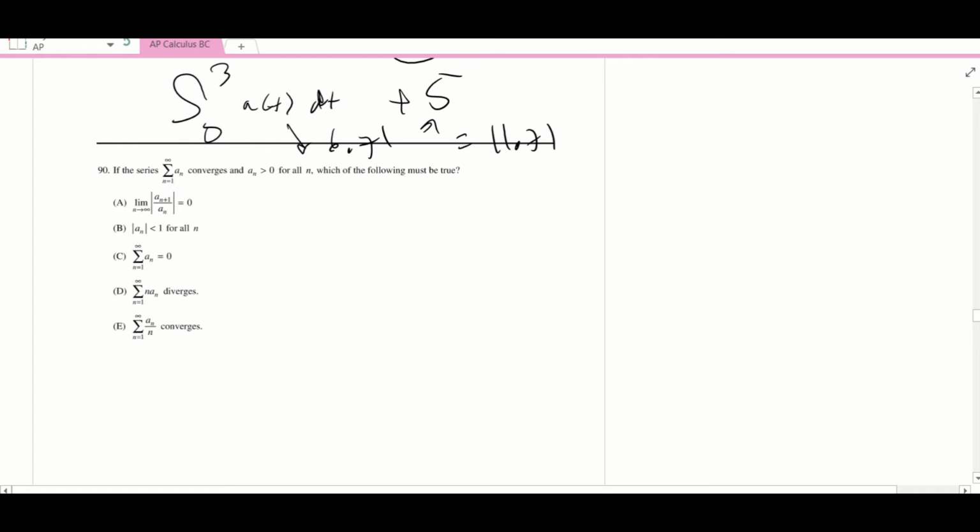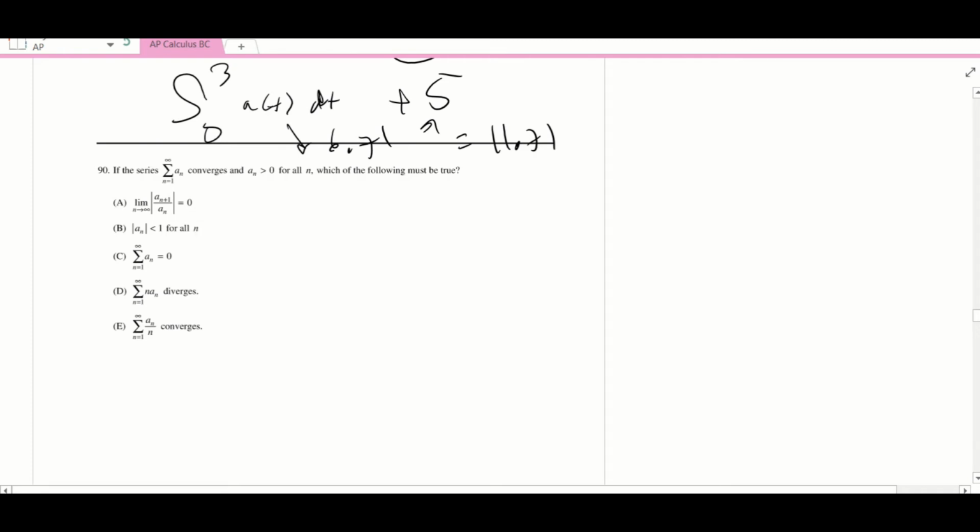Alright. If this series converges and a_n is greater than 0 for all n, which of the following must be true? Well, for A, that could be a possibility because this is pretty much just the ratio test.